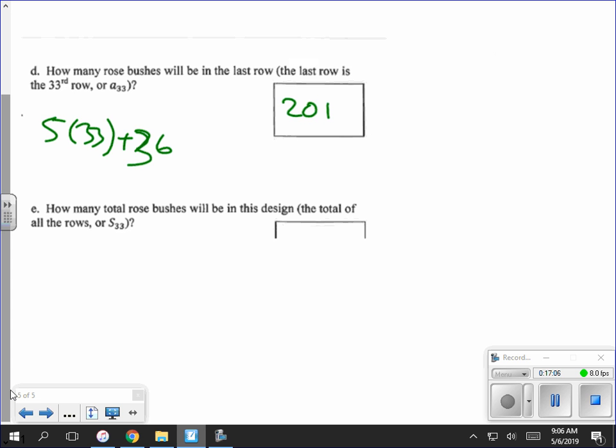How many total rose bushes will be in this design? Total of all the rows, or S of 33, the sum of the first 33.